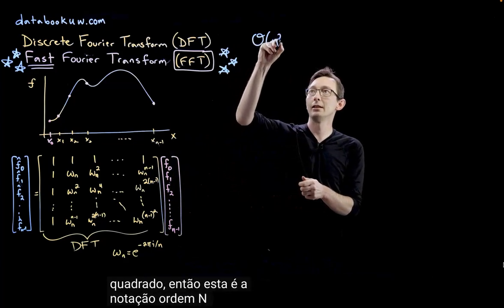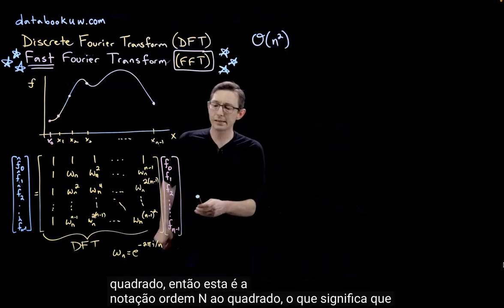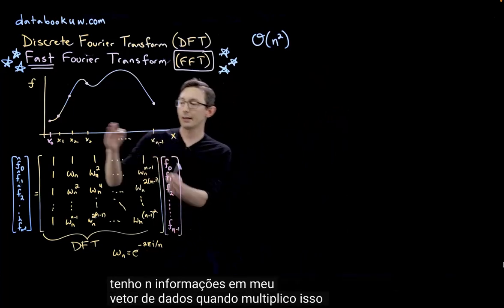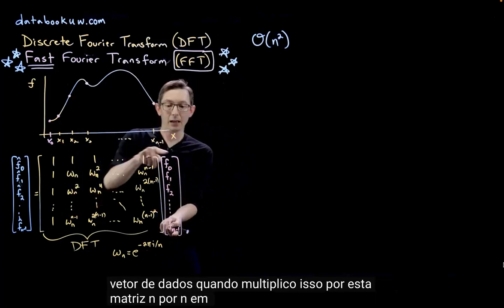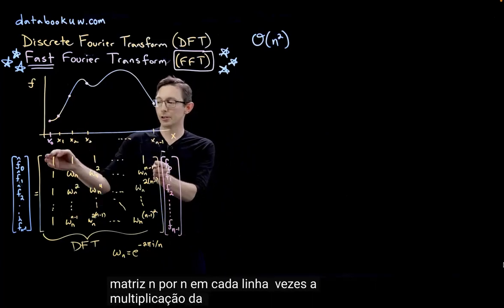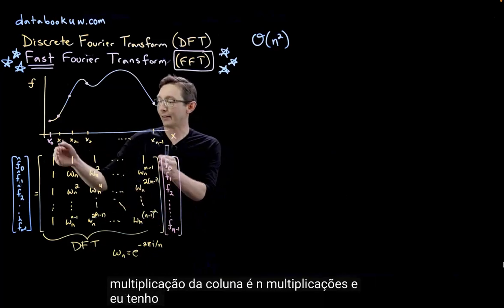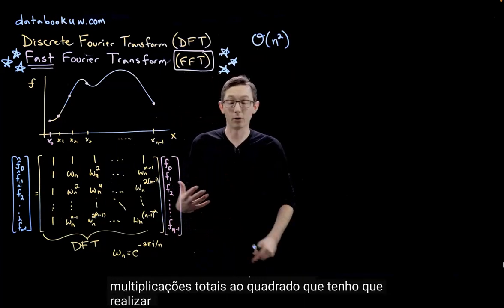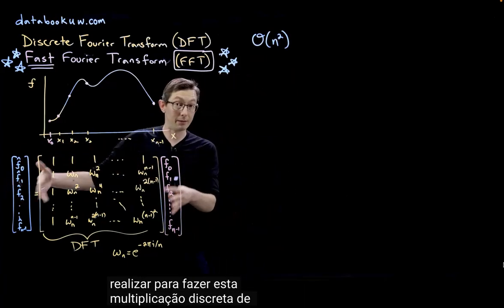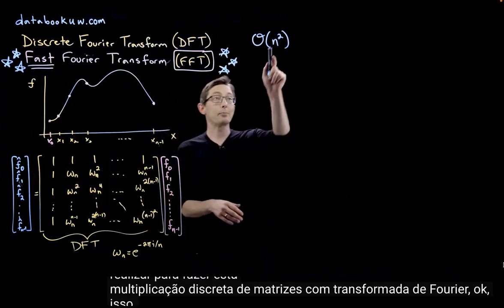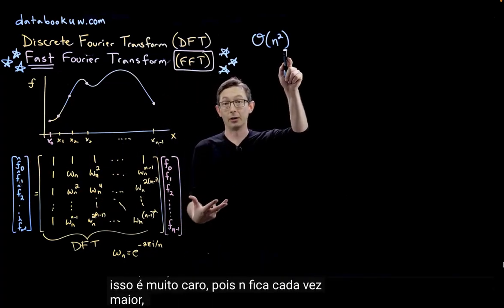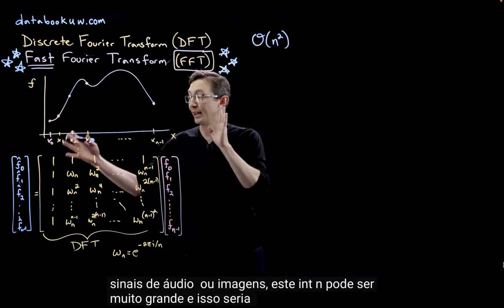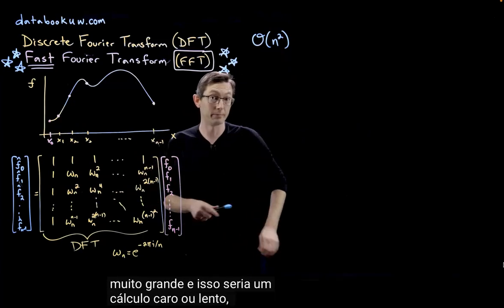So this is the notation, order n squared, which means if I have n pieces of information in my data vector, when I multiply that by this n by n matrix, each row times column multiplication is n multiplications, and I have n of those rows, so there are n squared total multiplications I have to perform to do this discrete Fourier transform matrix multiplication. Now that's pretty expensive as n gets bigger and bigger. So when we think about audio signals or images, this n might be quite large, and this would be an expensive or a slow computation.